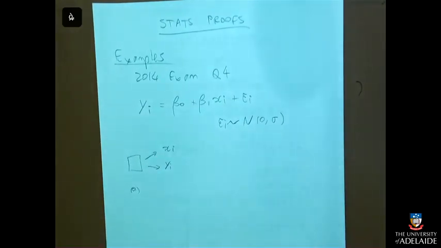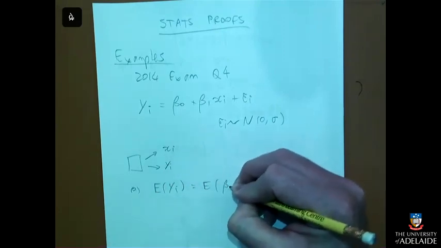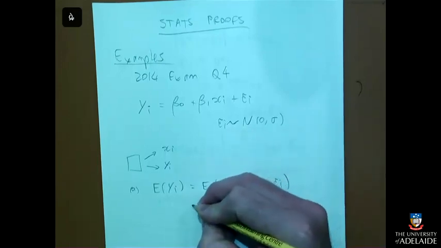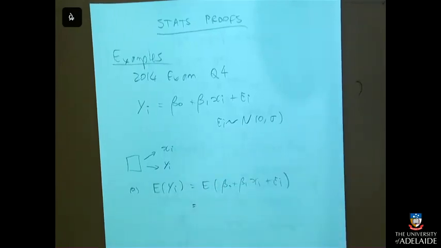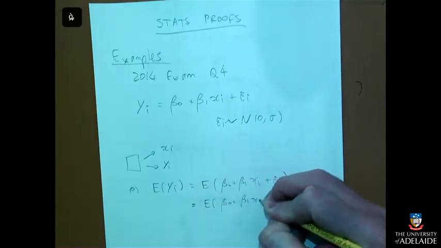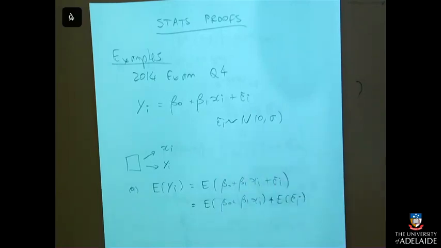So when it asks us to find the expected value of yi, that's the expected value of beta naught plus beta 1 xi plus epsilon i. Expected values are able to be distributed over plus, and the expected value of a constant is still a constant. So I'm going to do this in 2 steps, even though in your exam you would normally write it down in 1 step. Beta naught plus beta 1 xi, that's a constant.